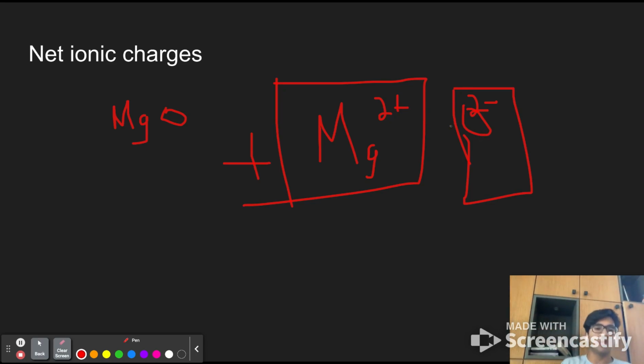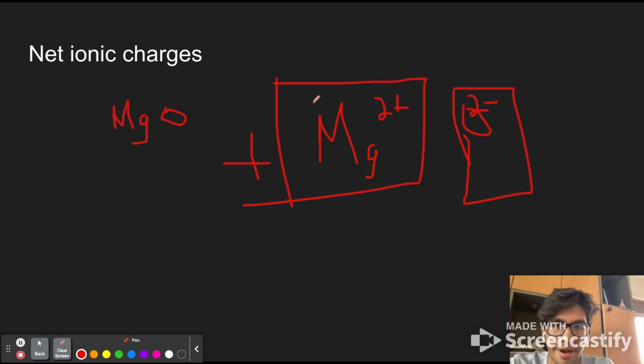Now, how do we know this? How do we know whether an atom, a compound, or an element is positively charged or negatively charged? We can know that by looking at the number of electrons and the number of protons.